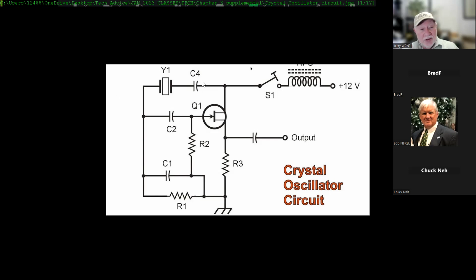So you induce the vibration into the output, and it keeps on feeding back. And in the output, for instance, if this is cut to 7 megahertz, you're going to get a signal of 7 megahertz out. Put a telegraph key on this, and you have your little radio transmitter.